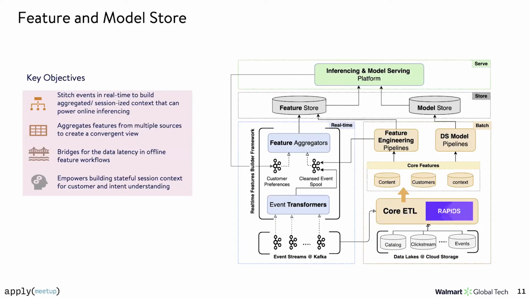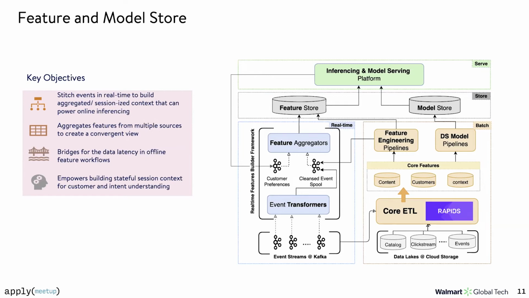Coming to a combined, more detailed architecture of how our feature and model store look. As everyone knows, for building a good real-time inference platform, you need a very good feature store, and that feature store should also be accessible for real-time inference at low latency.